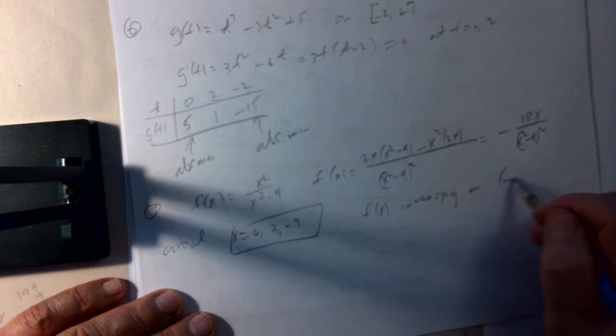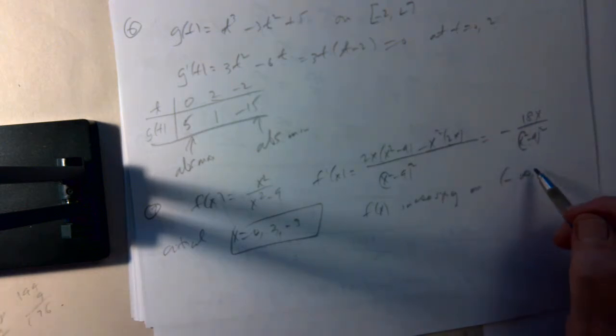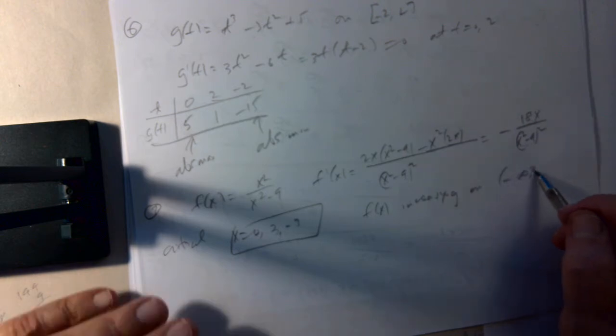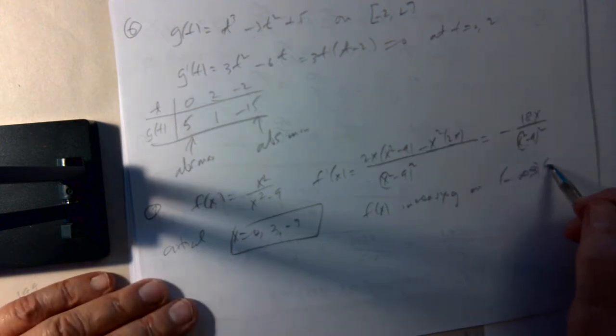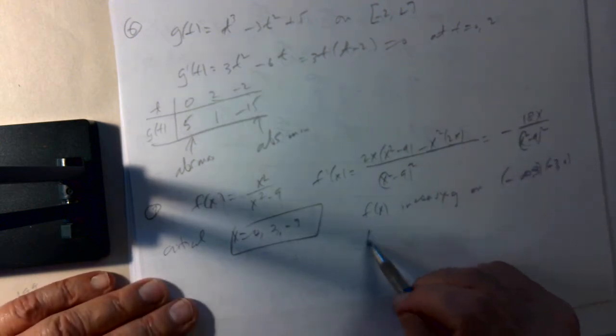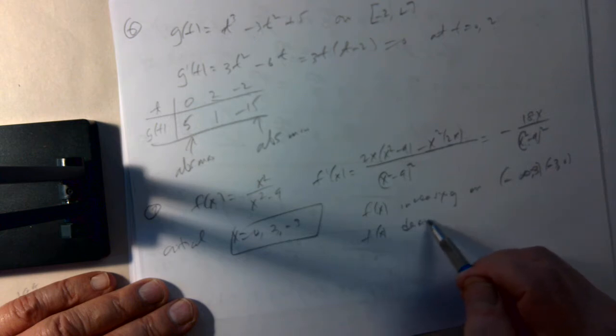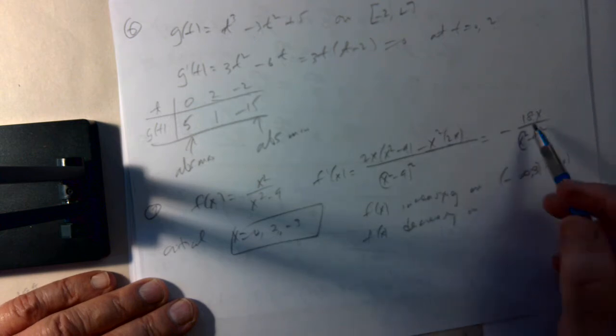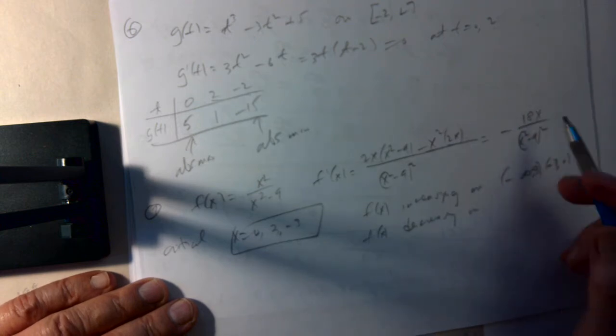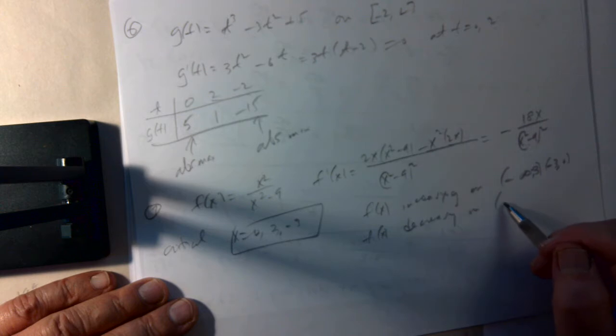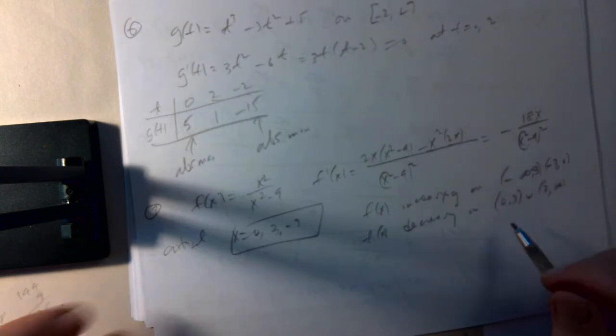So that means x is negative. It means minus infinity to minus 3 and minus 3 to 0. And f of x is decreasing where this is negative, so x is positive and not equal to 3. So 0 to 3 and the open interval from 3 to infinity.